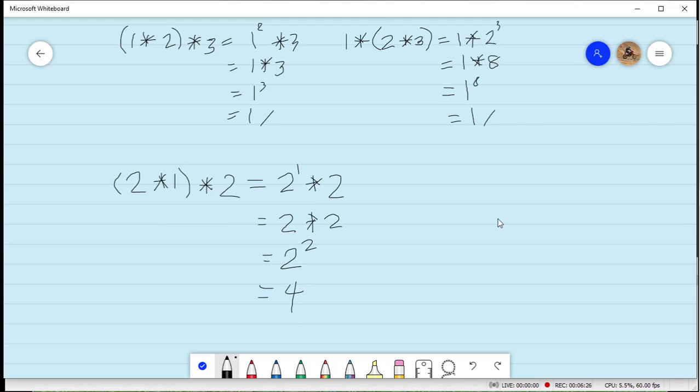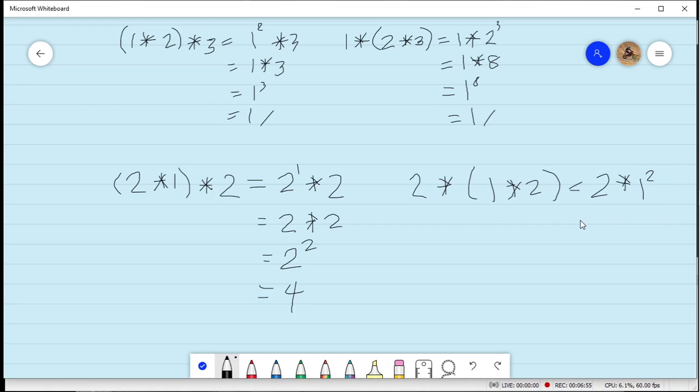But if we change the grouping and write that as 2 operation the quantity 1 operation 2, that will give us 2 operation 1 squared.